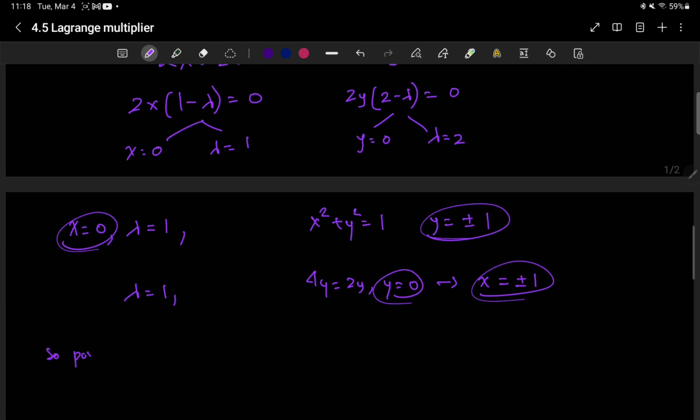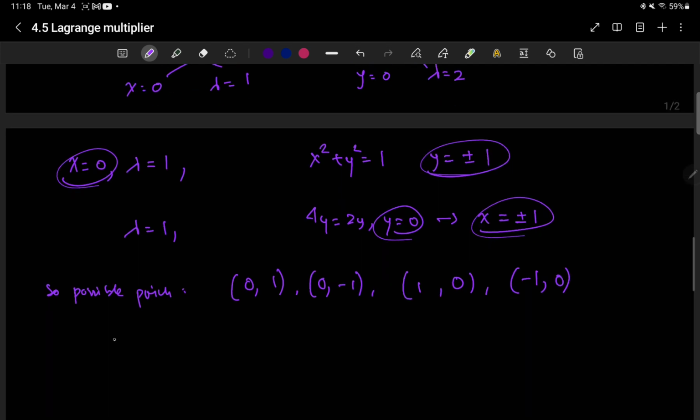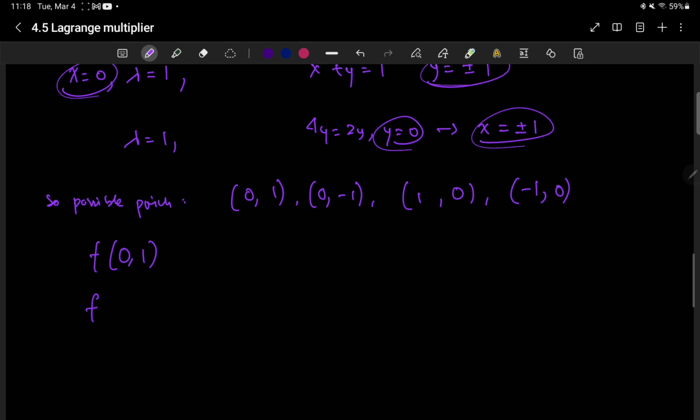So the possible points are: when x is 0, y can be positive 1 or negative 1, and when y is 0, x can be positive 1 or negative 1. So we have 4 of these points. And now all we have to do is evaluate the given function at these 4 points.